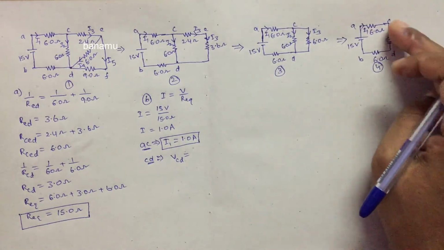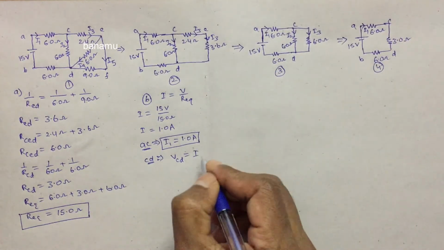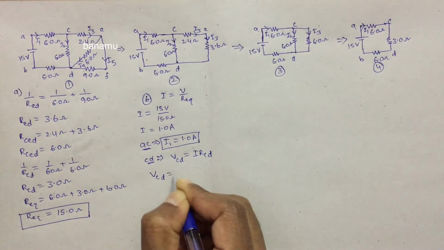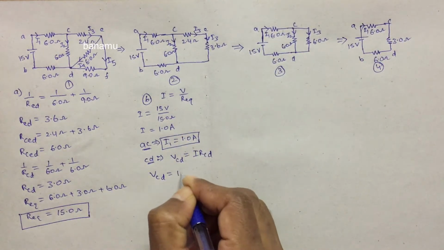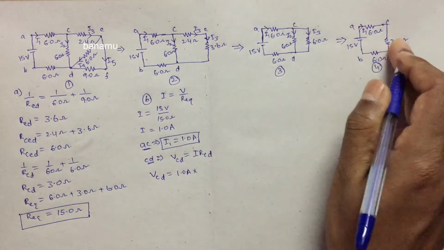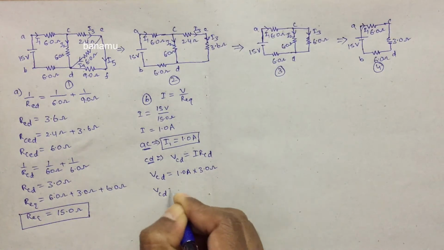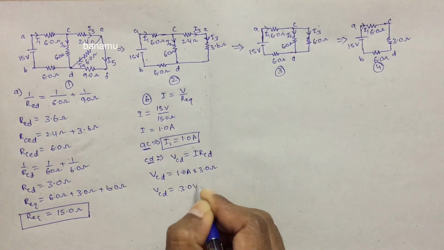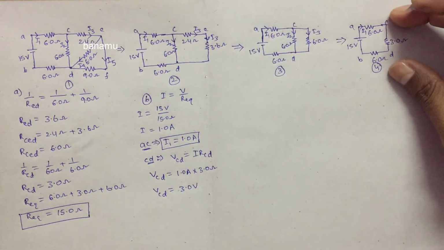The current is I and the resistance is RCD. So VCD is equal to the current in the circuit, 1 ampere, times RCD, the 3 ohm resistance. So VCD is equal to 3 times 1, that is 3 volts. This is the potential difference between the points CD.